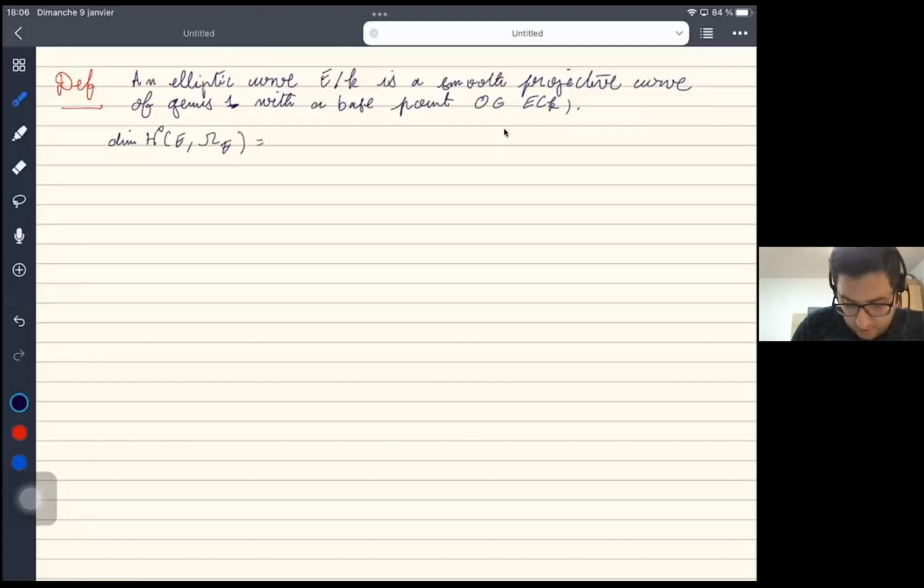The genus is the dimension of the global sections of the differential sheaf on E. This is the genus. And I will give many examples.